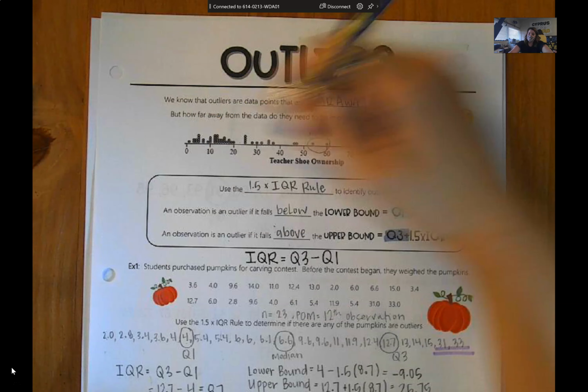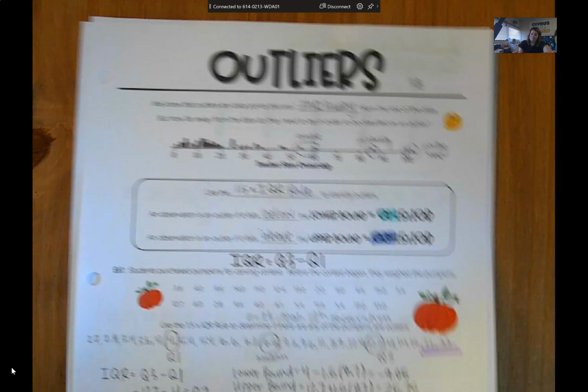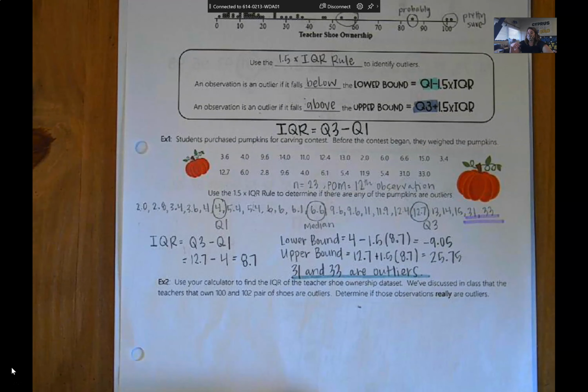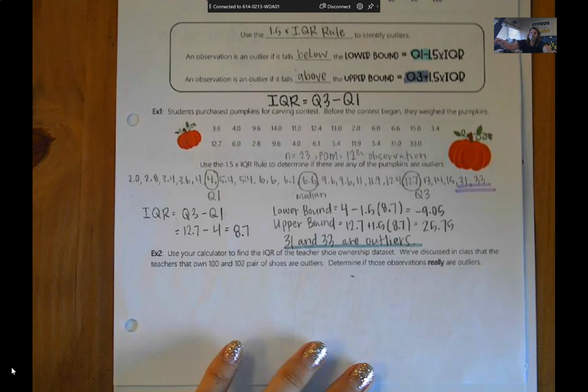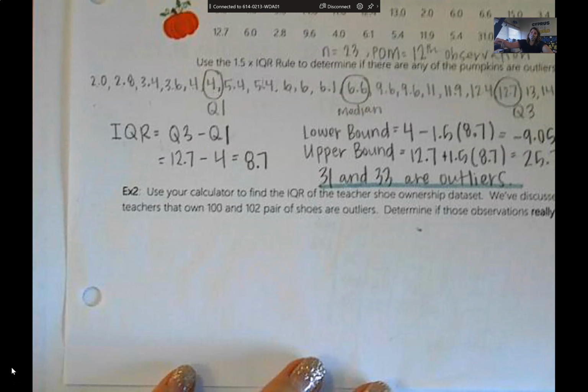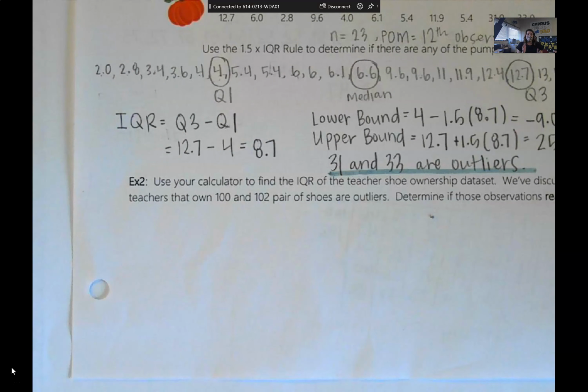Now, this is 52 observations, which I don't necessarily want to have to order and count and find the quartiles and everything for. So I'm going to show you the shortcut of how to use your calculator. Unless the problem says do this by hand, you can use your calculator to find the quartiles and the median from now on.